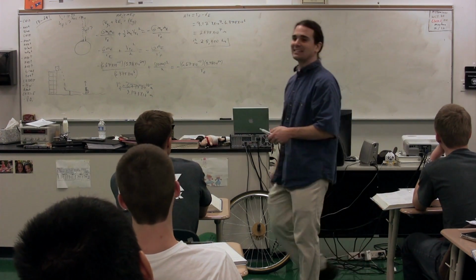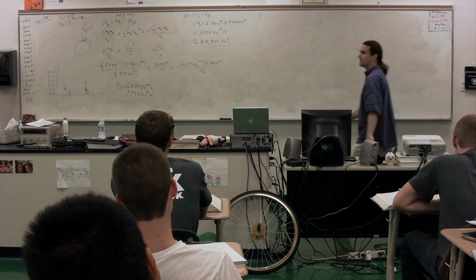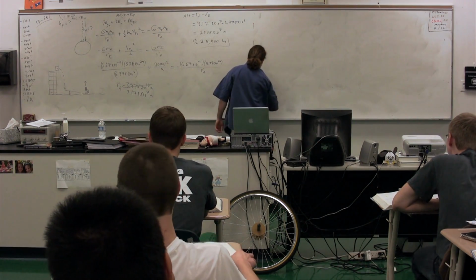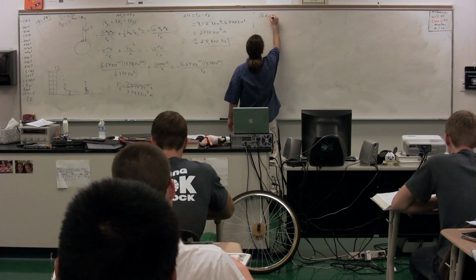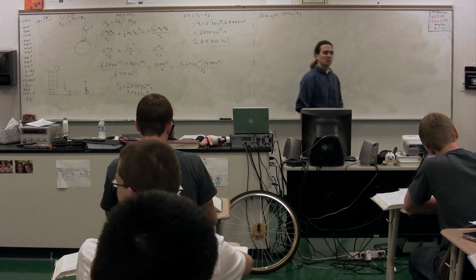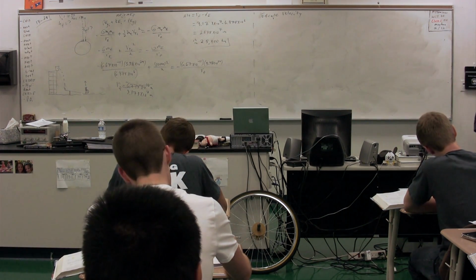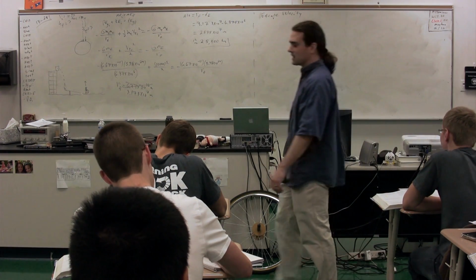So this is not enough. So let us figure out the escape velocity of the planet. Let's see how close we were to being able to get rid of Travis with our giant catapult here.